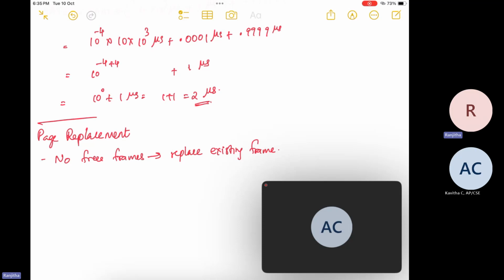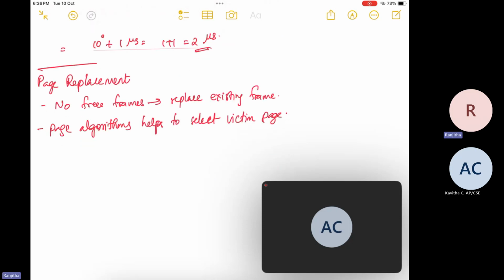There are certain algorithms that will help us decide which frame to be replaced. Page replacement algorithms help to select the victim page. Victim page is the page that will be replaced.